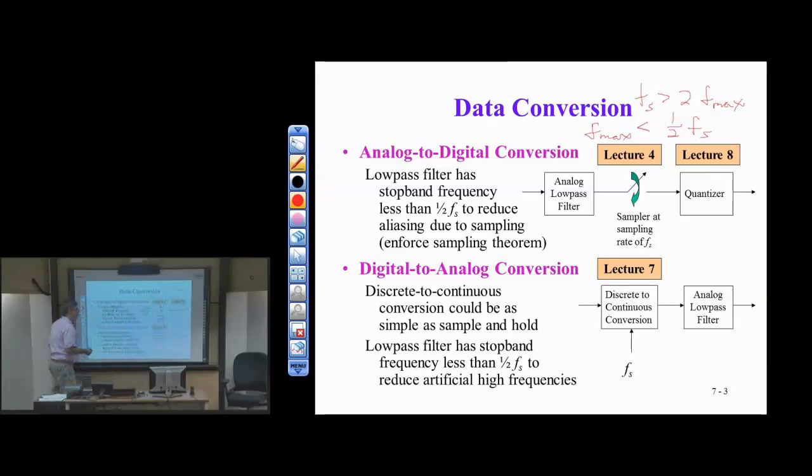We also know how to convert from continuous time to discrete time frequencies. So I know that if f naught is half the sampling rate, then omega naught is pi.